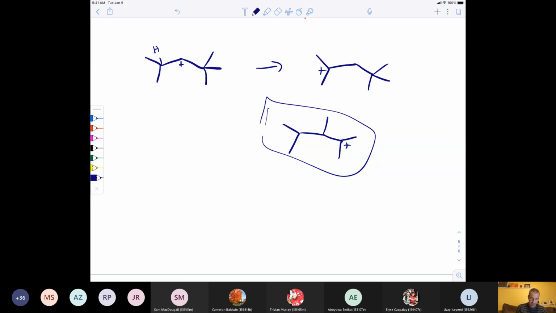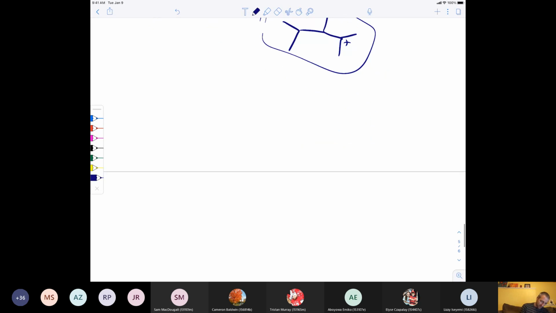The reason why that one's better has to do with the mechanism for how the shift goes. If you have the cation here, we draw it like this, but it goes through a transition state where it's half transferred over, like you're breaking one C bond and forming the other one.